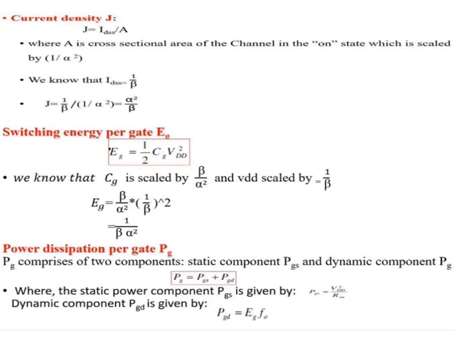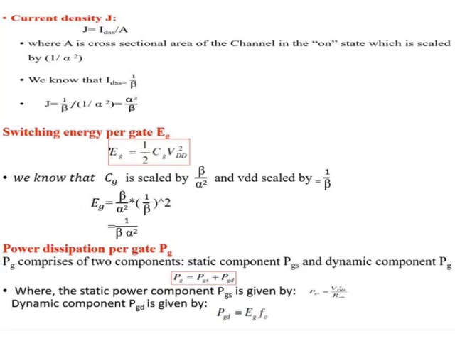Now current density. The cross-sectional area of the channel in the on condition is scaled by 1 by alpha square. IDSS is scaled by 1 by beta, so density will be given by beta alpha square by beta.